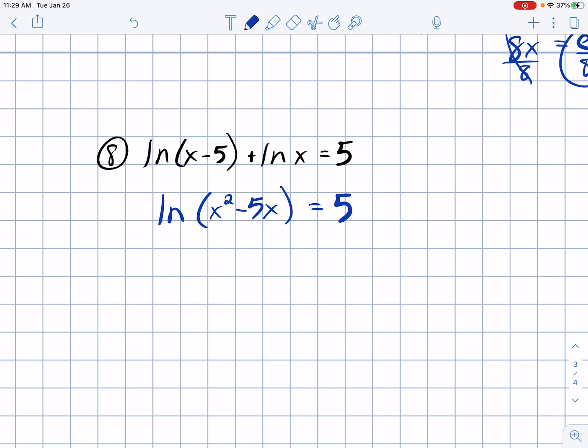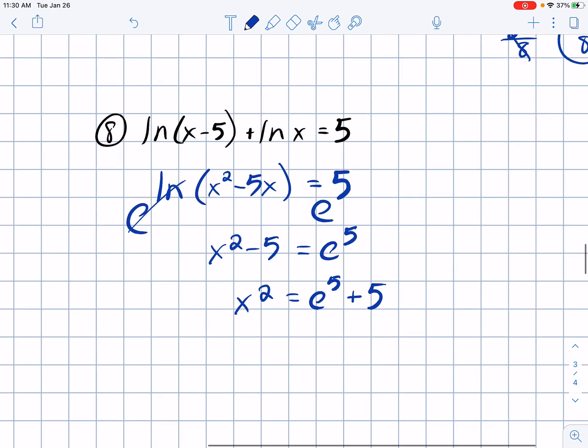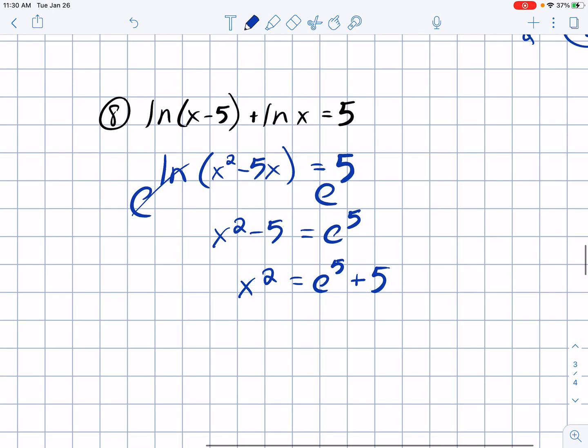You again want to exponentiate with the base e on both sides. We get x squared minus 5x equals e to the 5th. Okay, we would add our 5 over. E to the 5th, well, we can use our calculator, but if we're just leaving in terms of e, which we're going to do right now, that's fine.